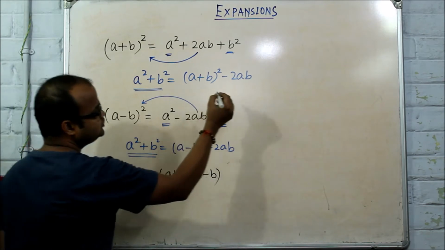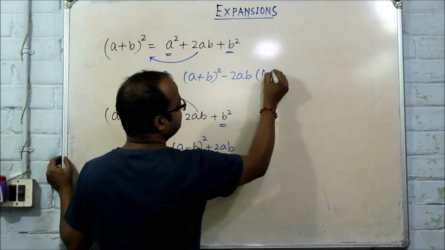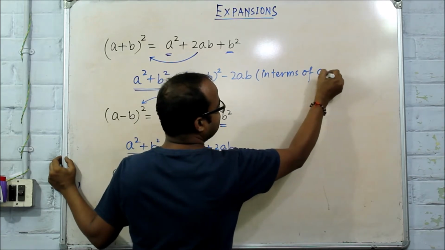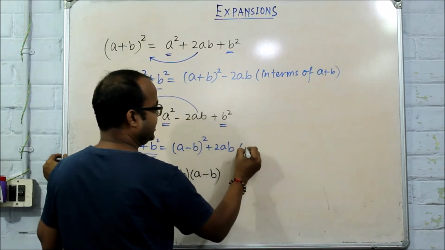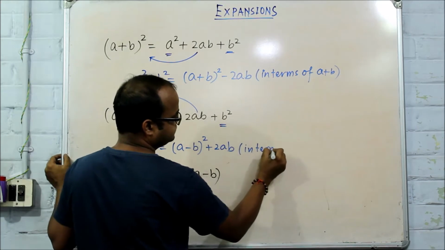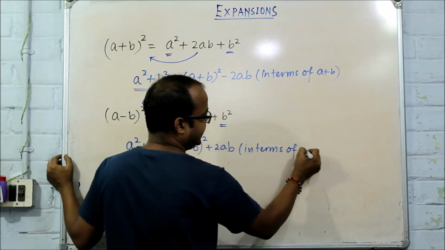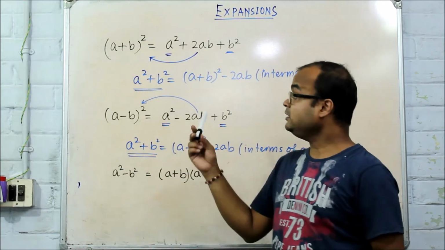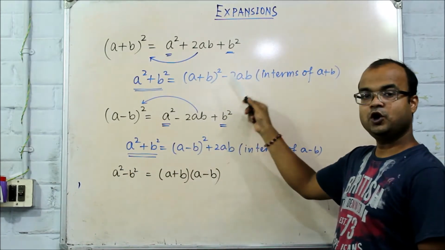This is the formula in terms of a plus b, and this is the formula in terms of a minus b.